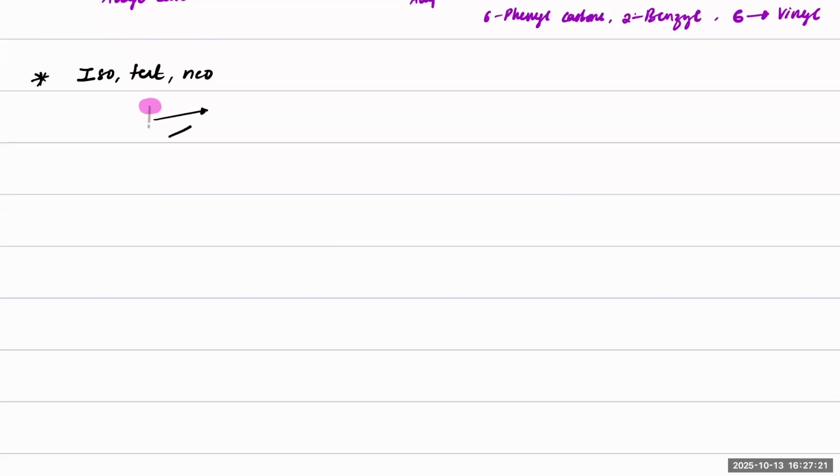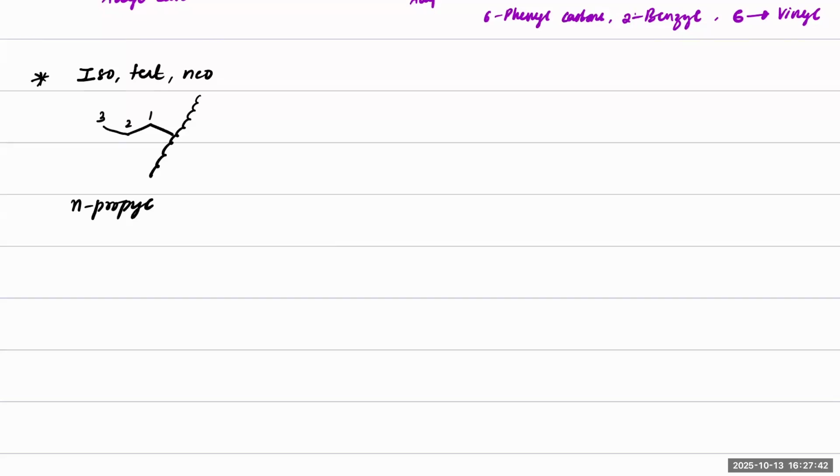Let me explain it from the start. Suppose I have a straight chain here connected to some functional group like this. So what do we call this? We call this an N-propyl substituent, because there are three carbons.